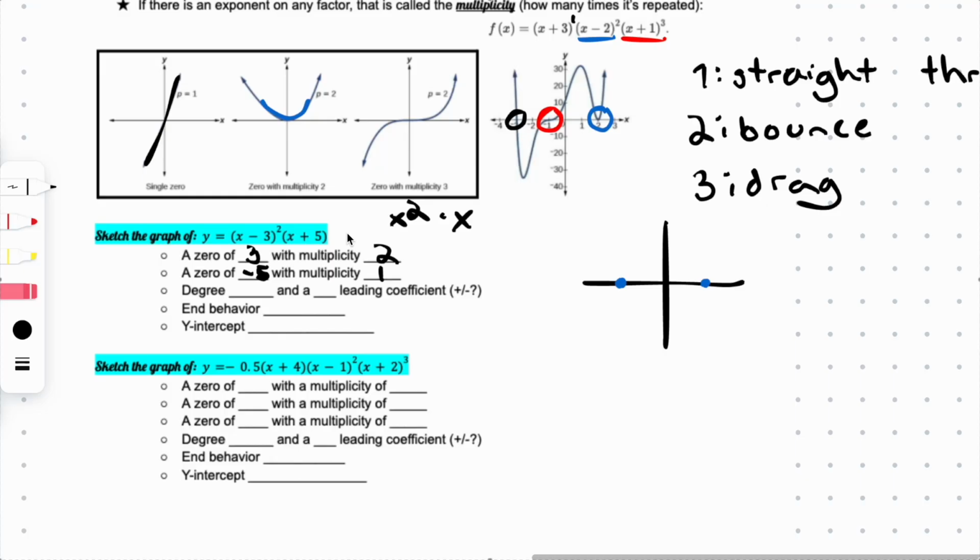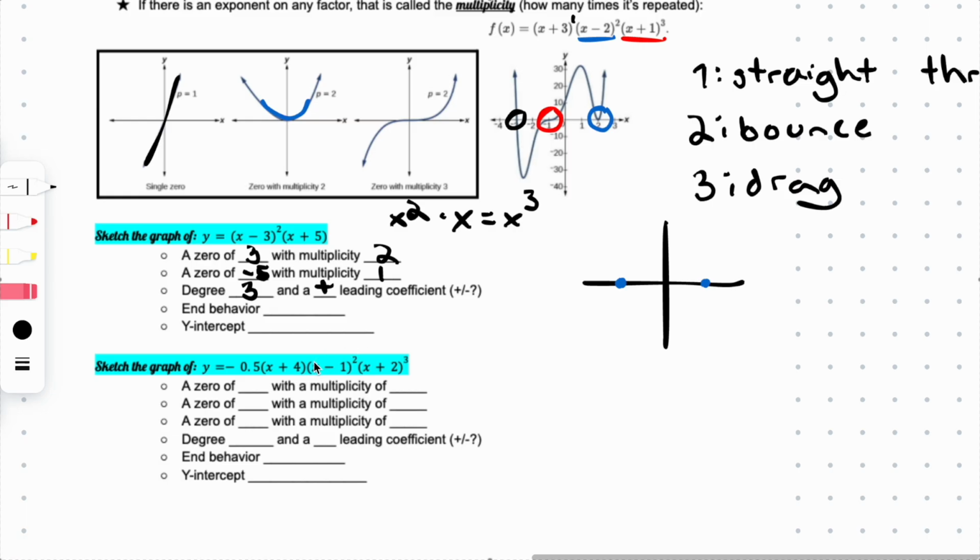It'd be super complicated and a little bit of work, but eventually we'd get a term where it's x squared times x, which is just equal to x to the third. So our highest degree is going to be 3, and we're going to have a leading coefficient of 1, which is going to be positive. Okay, hopefully that makes sense.